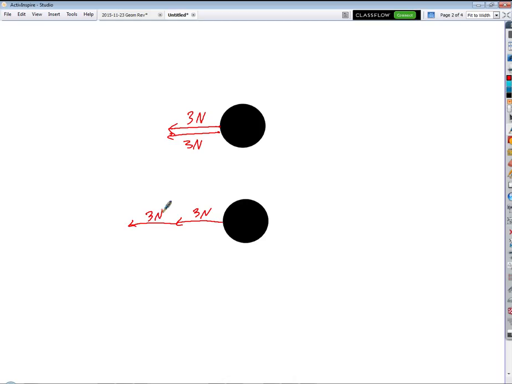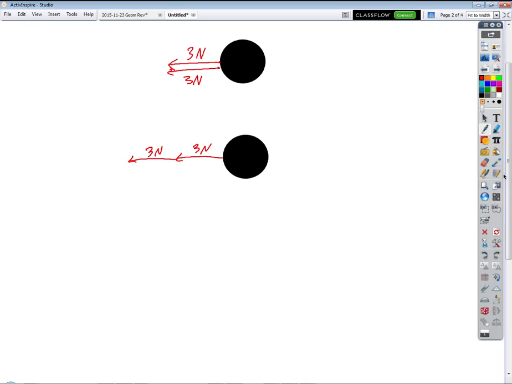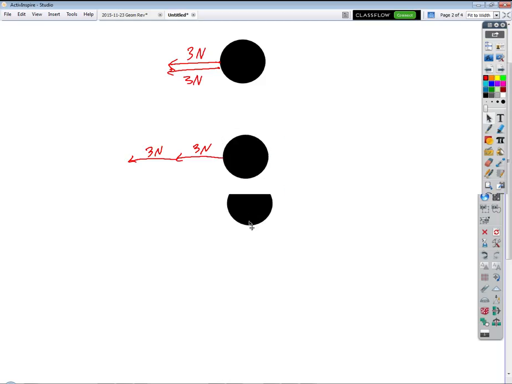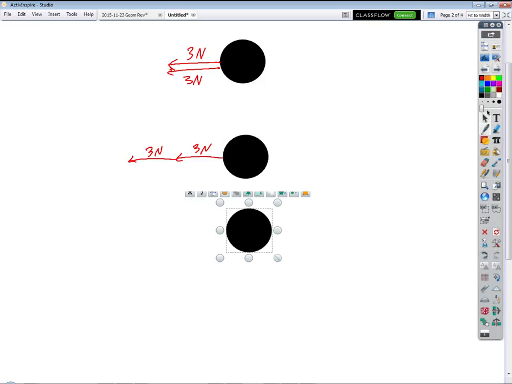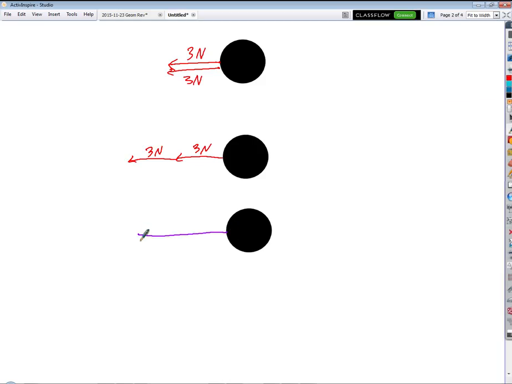Now, they're both pulling in the same direction, so they're going to add up. What's going to be the overall force that's acting? 6 newtons. So I could represent this with a single vector that's that long and has a magnitude of 6 newtons.